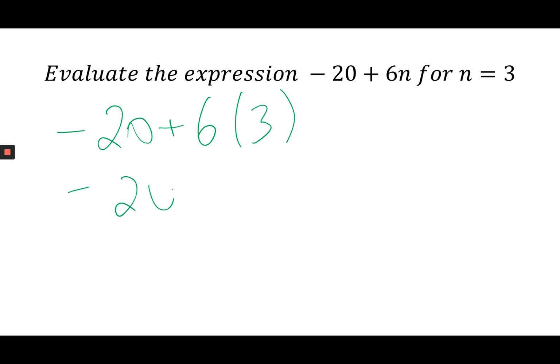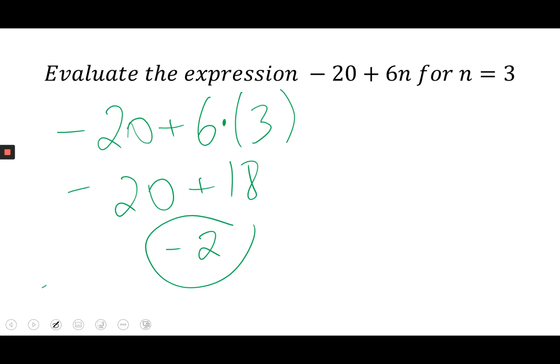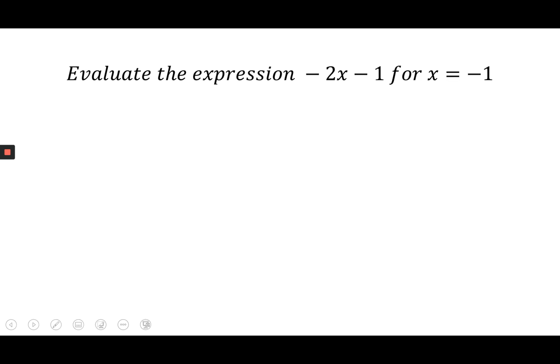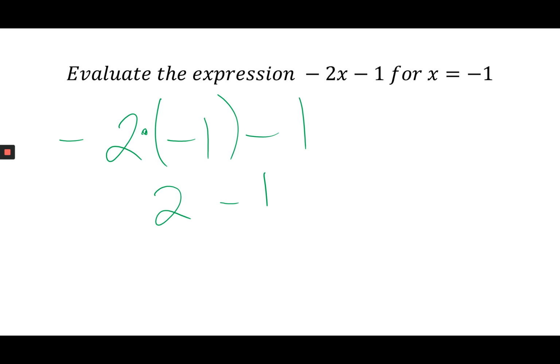Negative 20 plus 6 times 3, which is 18. I started from multiplication. Negative 20 plus 18 is negative 2. Negative 2 times x, x is negative 1, minus 1. You need to start from multiplication again. Negative times negative is positive 2. 2 minus 1 is 1.